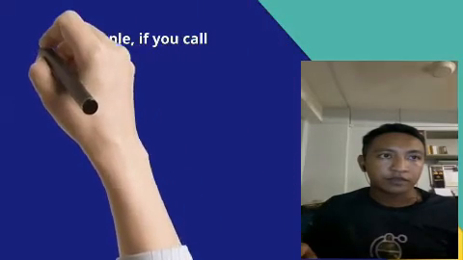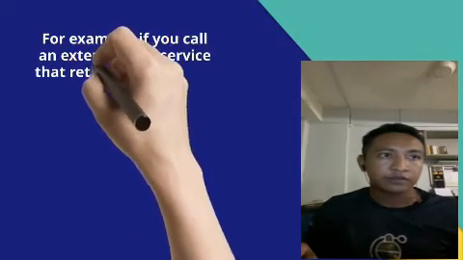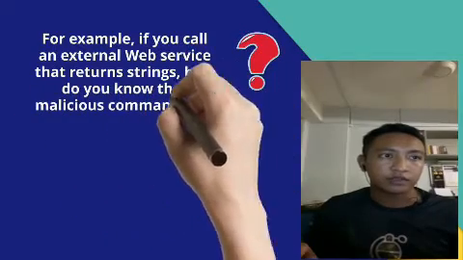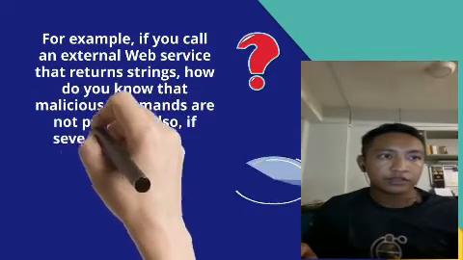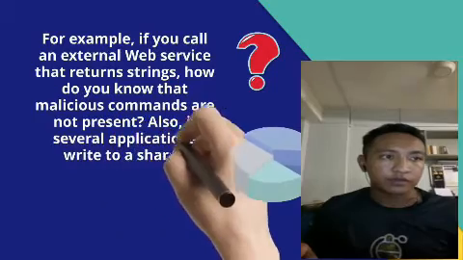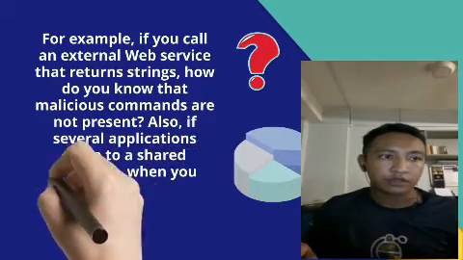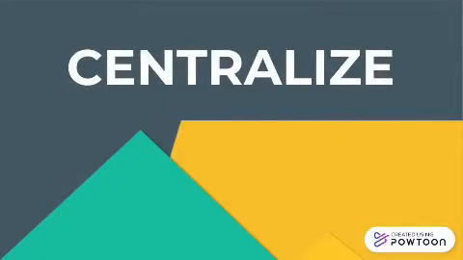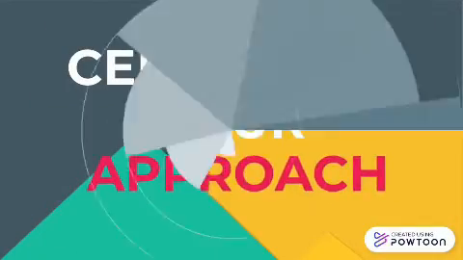For example, if you call an external web service that returns a string, how do you know that a malicious command is not present? Also, consider several applications writing to a shared database when you read data.